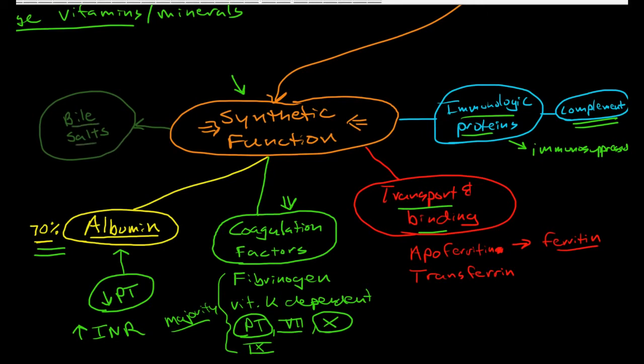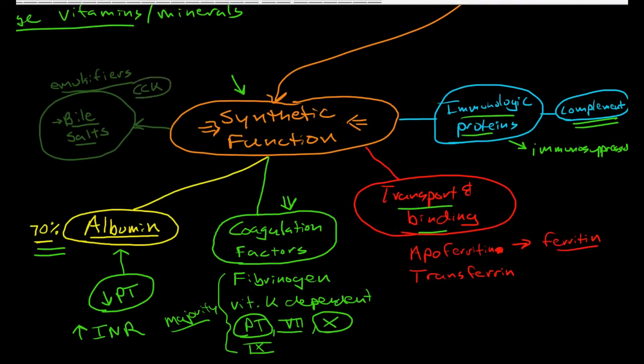And bile salts are emulsifiers that are produced in the hepatocytes, and part of the synthesis is assisted by the cholangiocytes, and the bile salts move through the bile canaliculi and into the bile ducts down into the gallbladder, and then are excreted into the small intestines in response to cholecystokinin.